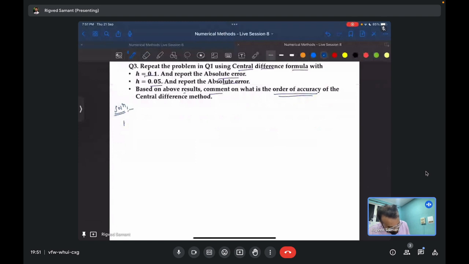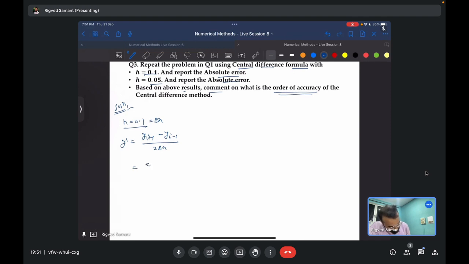h is equal to 0.1, right? So what is the central difference formula? y dash is equal to y i plus 1 minus y i minus 1, divided by 2 delta x, where delta x is nothing but this h value. So you add 0.1 to x, so x i is equal to 1.6.